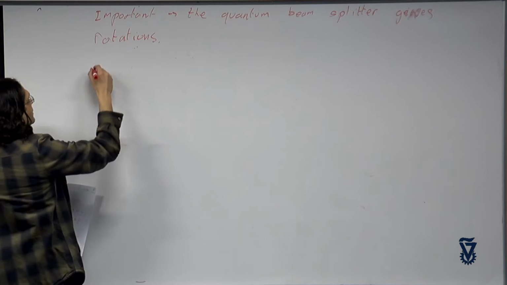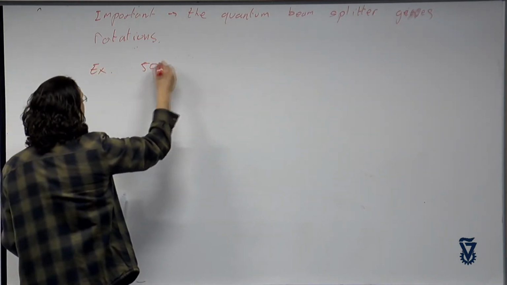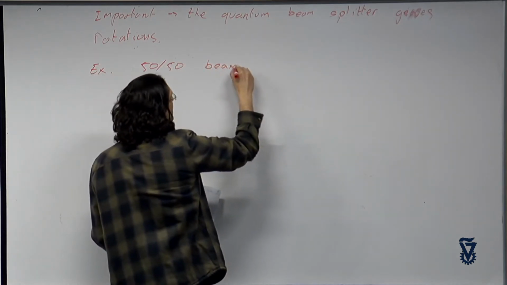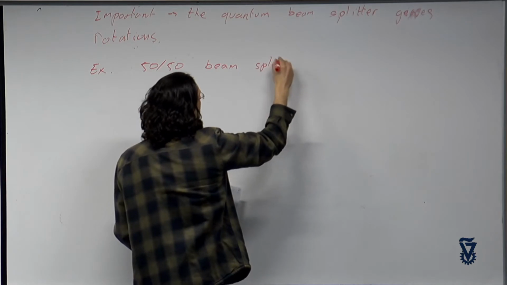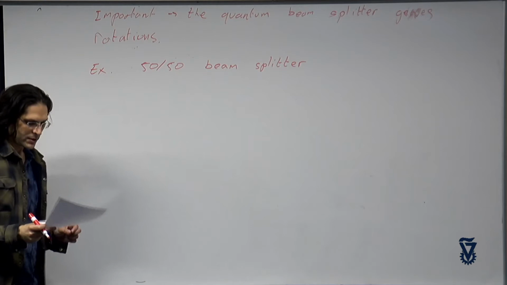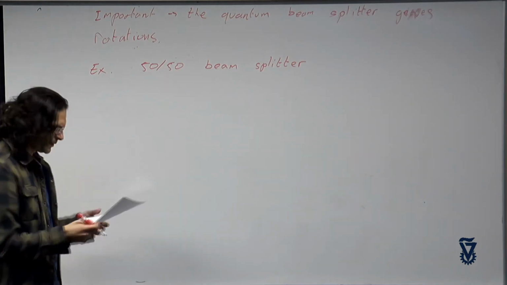So if we take, for example, a 50-50 beam splitter, we're going to see that this gives us a pi-half pulse, the equivalent of a pi-half pulse.